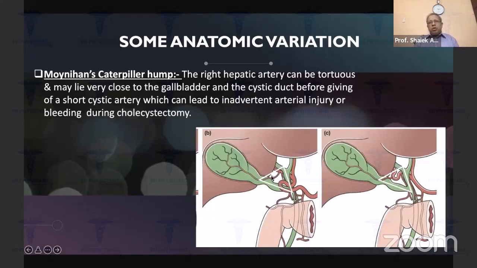In a normal Calot's triangle, the right hepatic artery is not seen like that. It is curved and appears like a caterpillar. For that reason, it is called Moynihan's caterpillar hump. It is one of the anomalies. So know the variation also, otherwise you can cause injury during surgery.